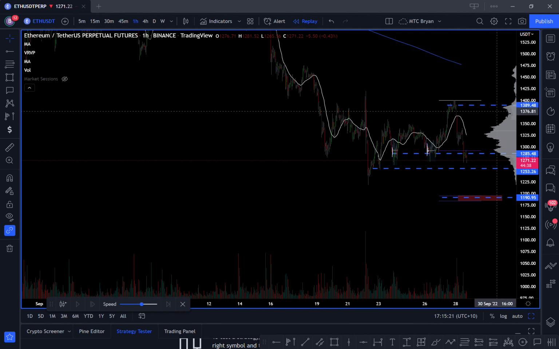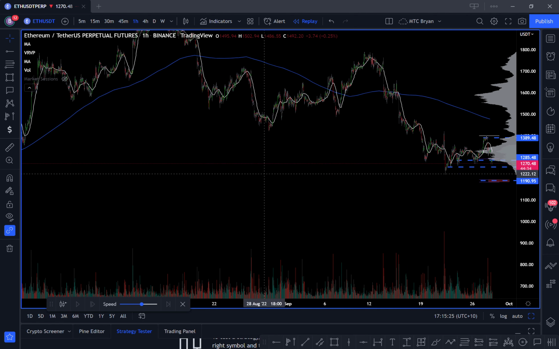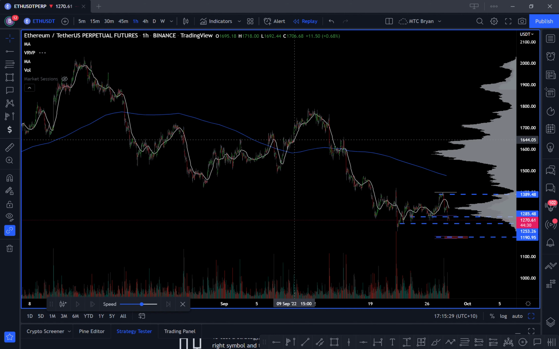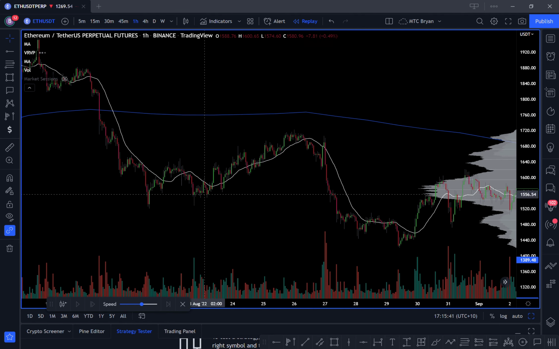Now you can also play these things on larger time frames. So looking at this move down, we've got a consolidation area here, so I do like to sort of zoom in on it a bit, and where was that real consolidation zone?